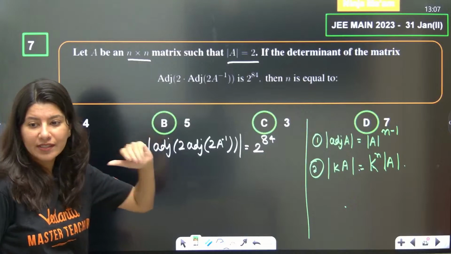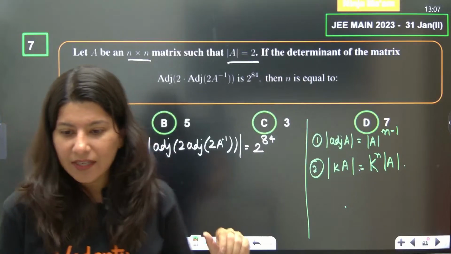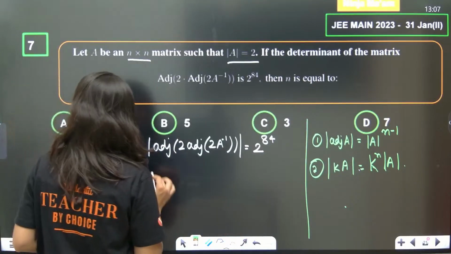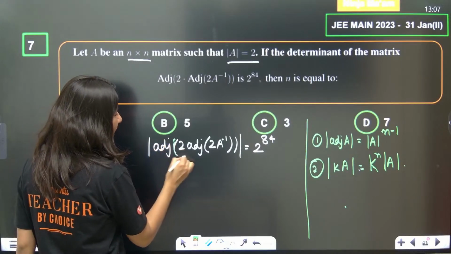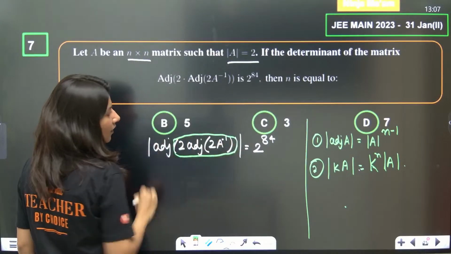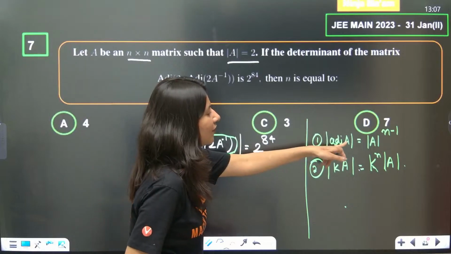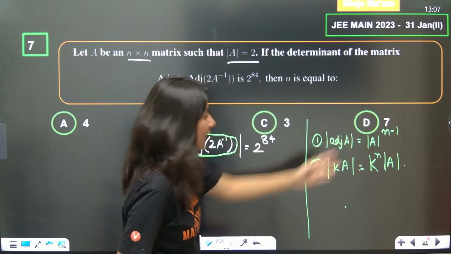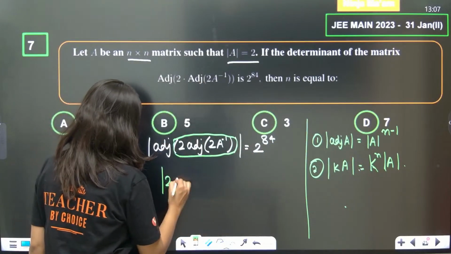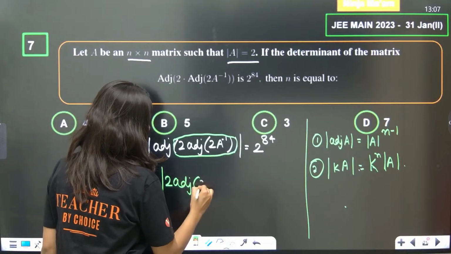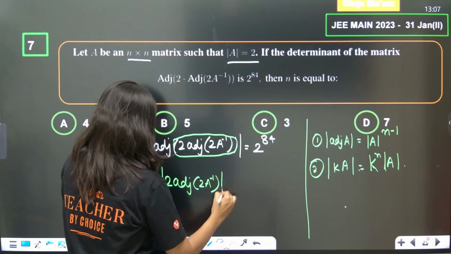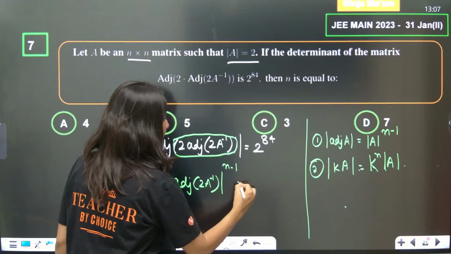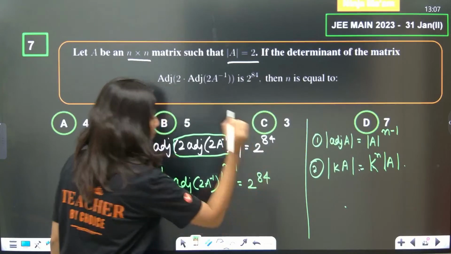4, 5, 3, 7. Let's start. So first thing, determinant of adjoint of anything is determinant of that power n minus 1. So determinant of adjoint of 2 adjoint of 2A inverse, to the power n minus 1, is equal to 2 power 84.